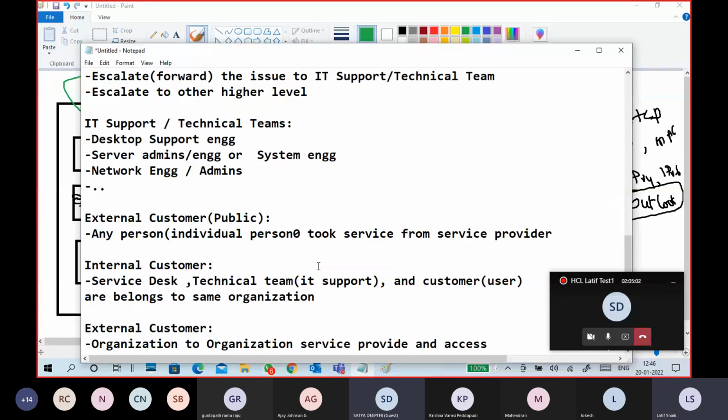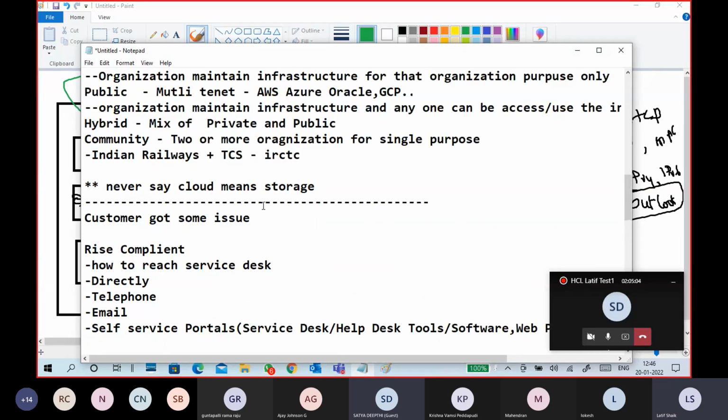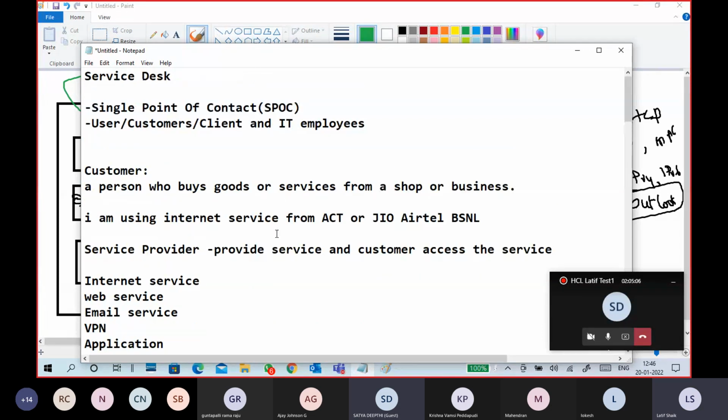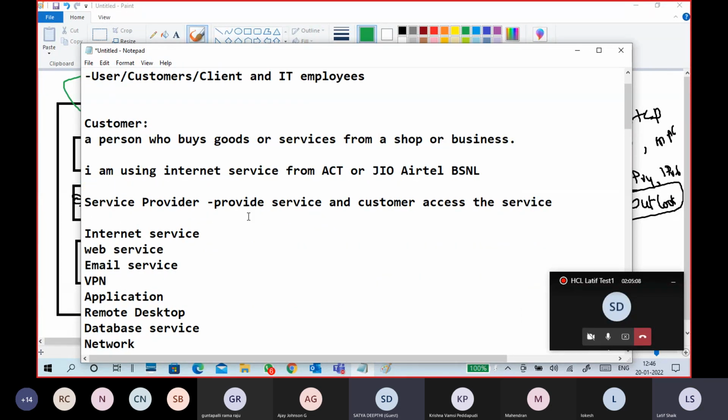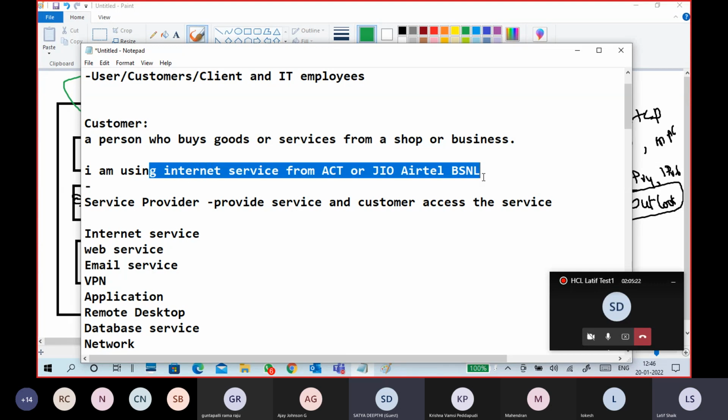Yes, sometimes I make a little bit of spelling mistakes. Compulsory check with my voice and spellings also. Here I gave a word like I'm using service from, like this.